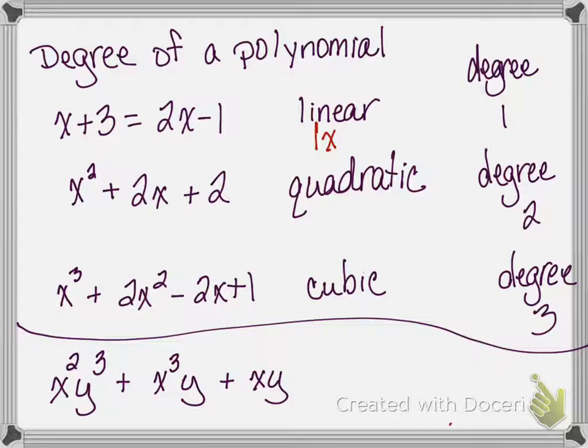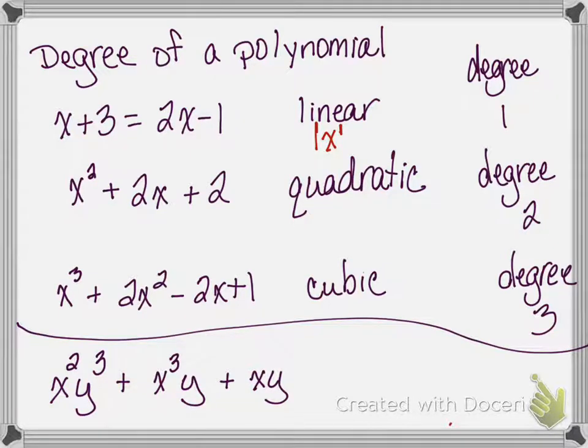The same is true for exponents. When I have a linear equation or a linear expression, okay, there is a 1 right here for my exponent. So a linear polynomial has an exponent of 1, even though we don't see it.